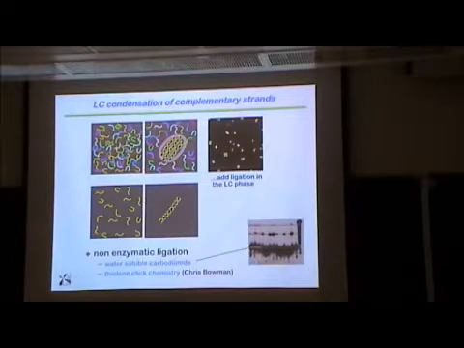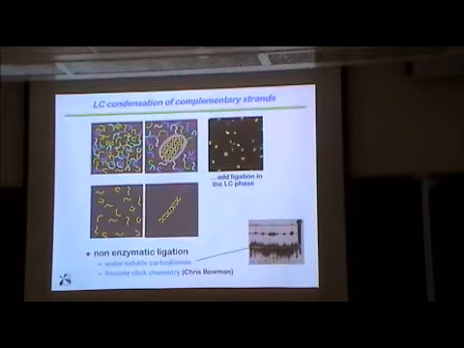Okay, so that leads to or suggests the following scenario. Suppose we add ligation. We're going to put chemistry on the ends of these short chains, and we'll connect them together.